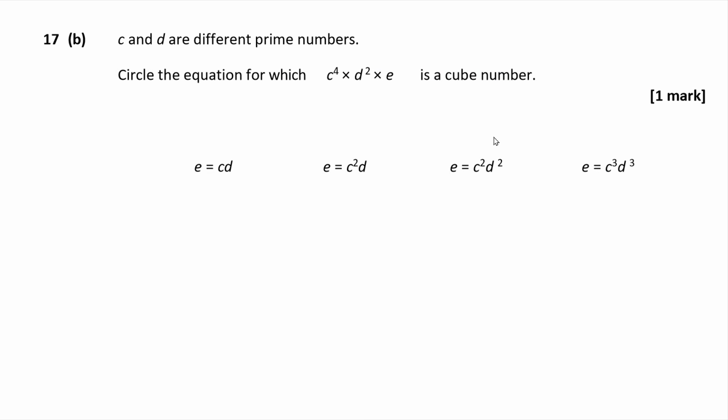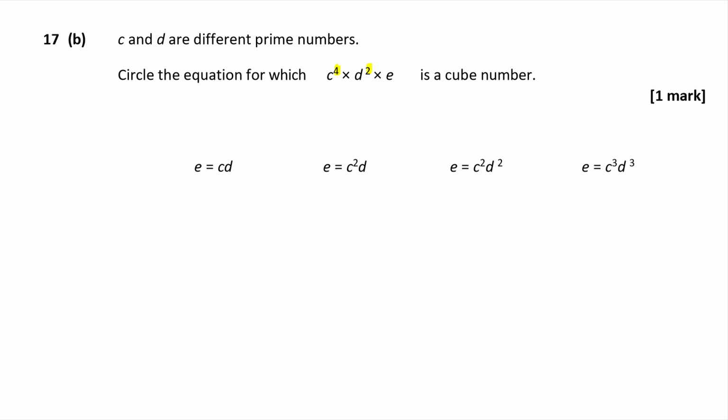Part B says c and d are different prime numbers. Circle the equation for which c to the power 4 times d squared times e is a cube number. Well, I guess for it to be a cube number, then these powers of c and d need to be multiples of 3, don't they? So that you can cube root it.